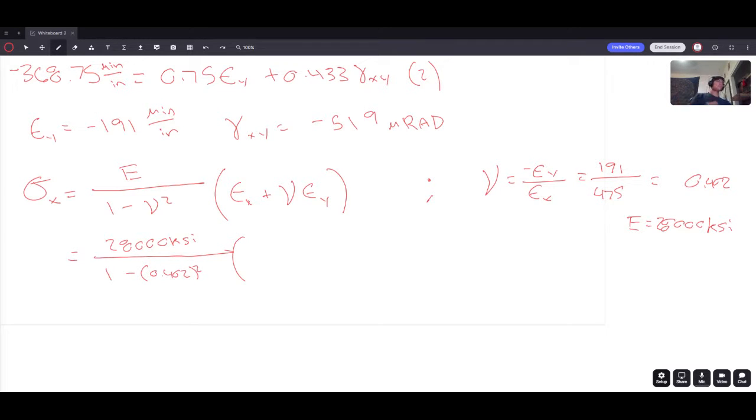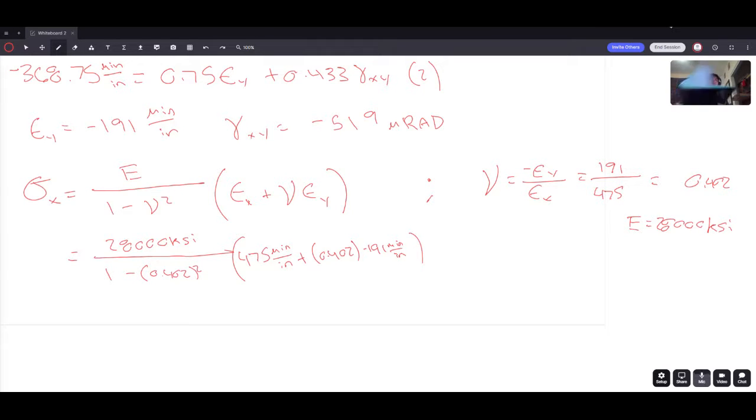All right, that should be better. So epsilon x equals 475 microinch per inch, and Poisson's ratio is 0.402, times epsilon y, which is negative 191 microinch per inch.